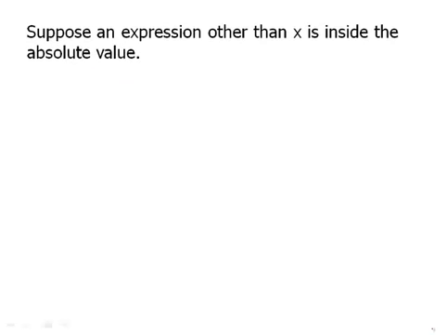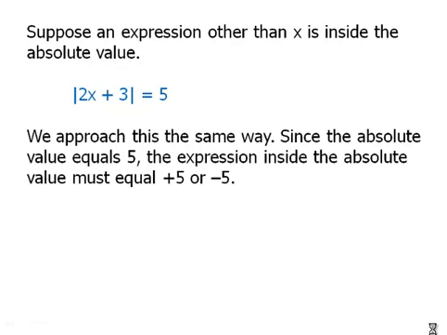Suppose an expression other than x is inside the absolute value. So for example, the absolute value of the quantity 2x plus 3, and all that's going to equal 5. Well, of course, if that whole expression has an absolute value of 5, then there's only two possibilities for it. Either the expression inside equals 5 or it equals negative 5.